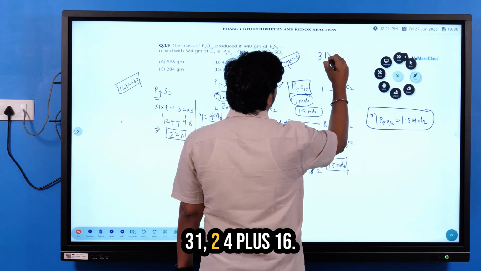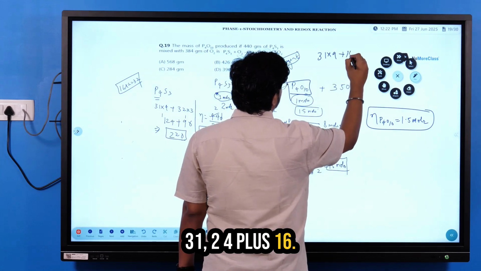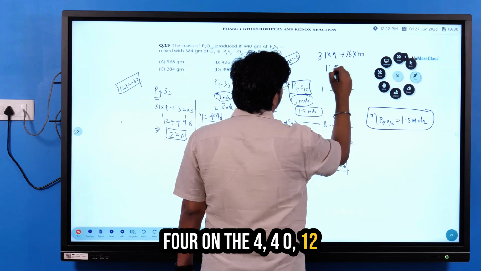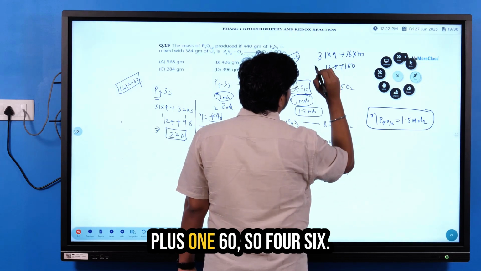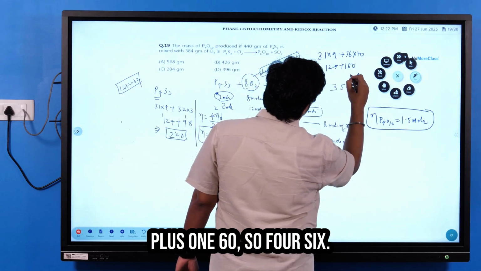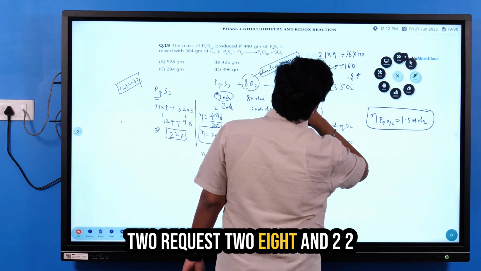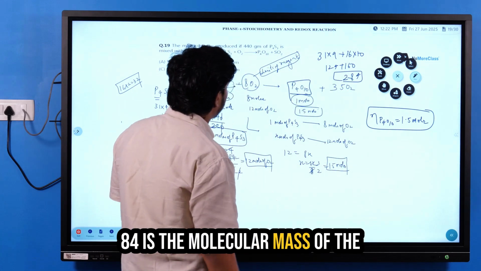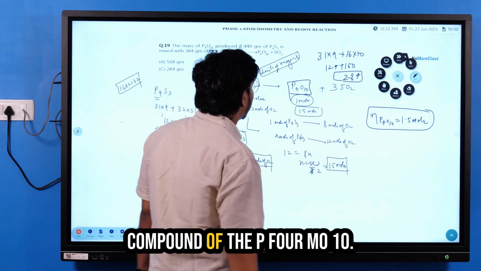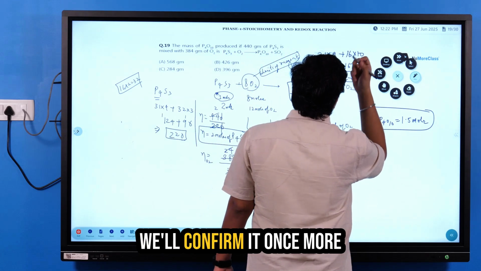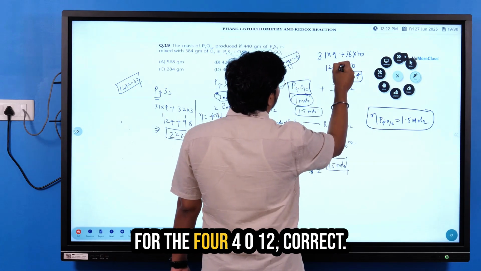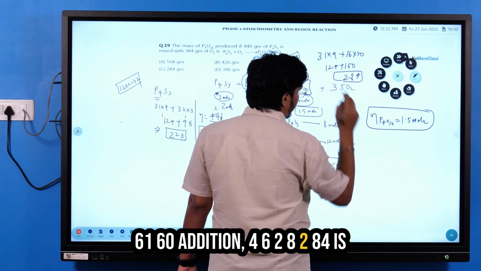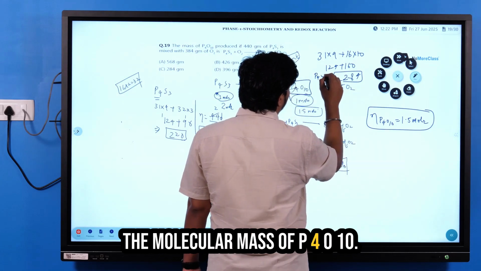Phosphorus 31 into 4 plus 16 into 10. 4 times 31 is 124, plus 160, so the total is 284. We'll confirm it once more. 124 plus 160, 284 is the molecular mass of P₄O₁₀.